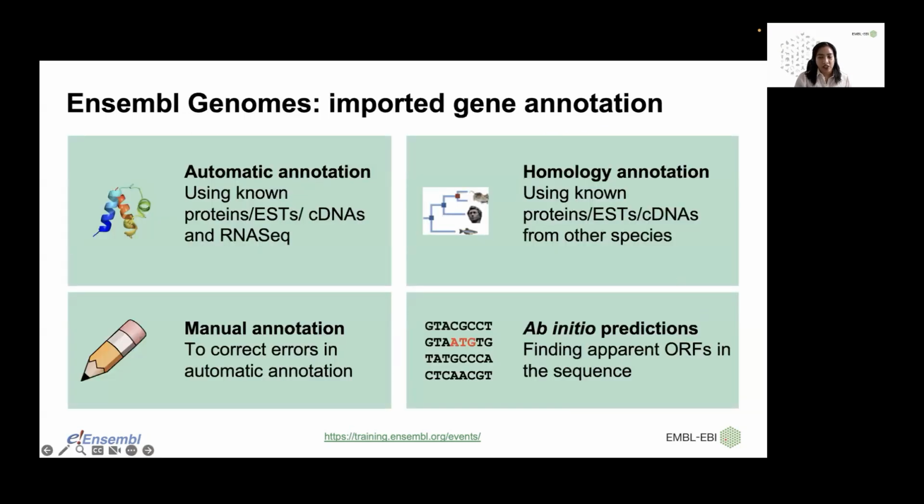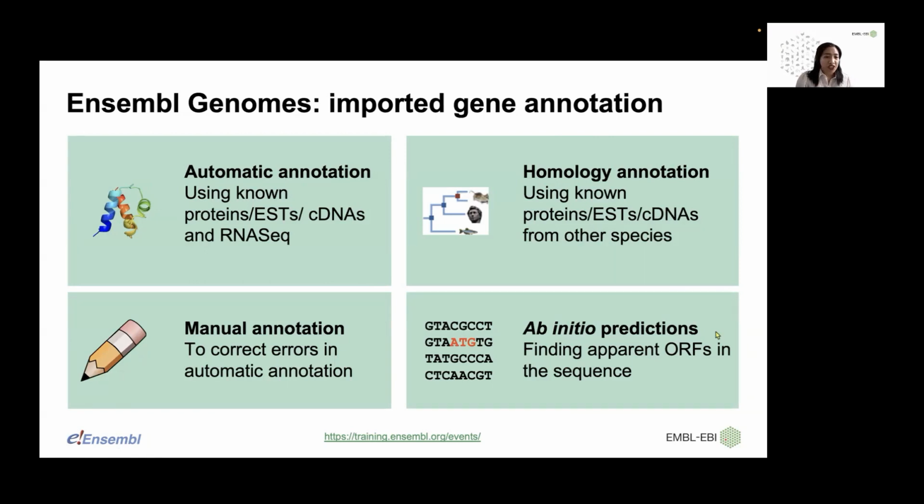But unlike the Ensembl main site, we do not actually carry out primary annotation on the Ensembl Genomes sites. In the Ensembl Genomes sites, which are dedicated for non-vertebrates, we import gene models from publicly available archives.